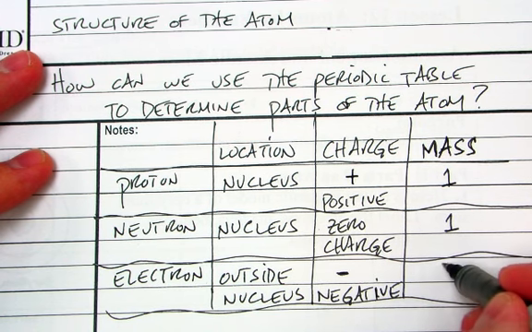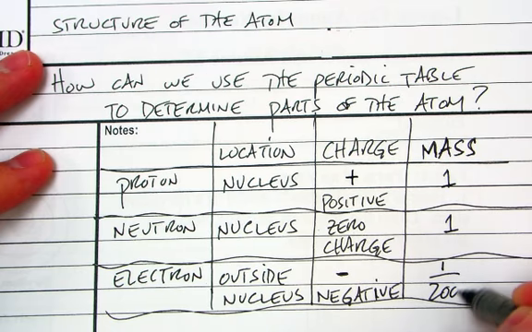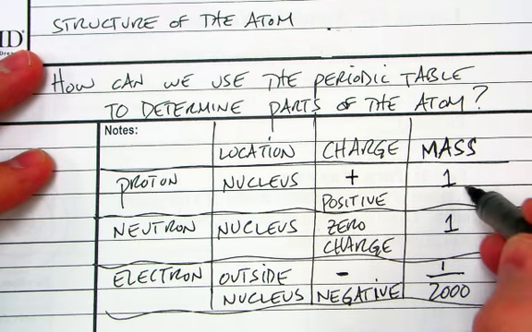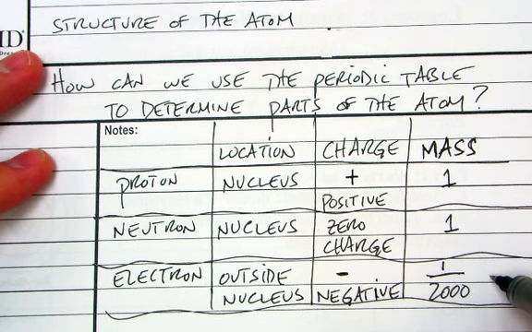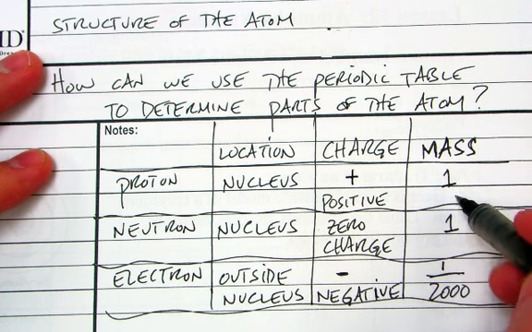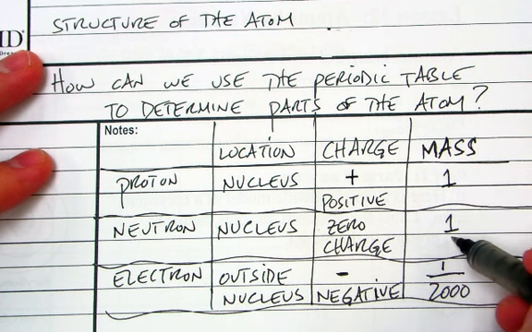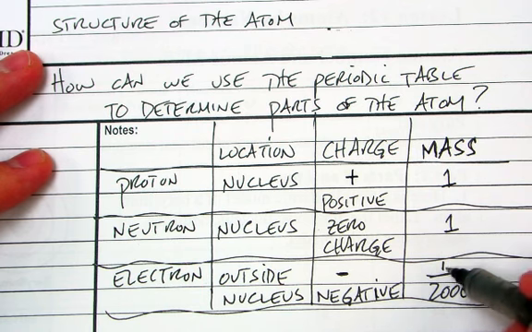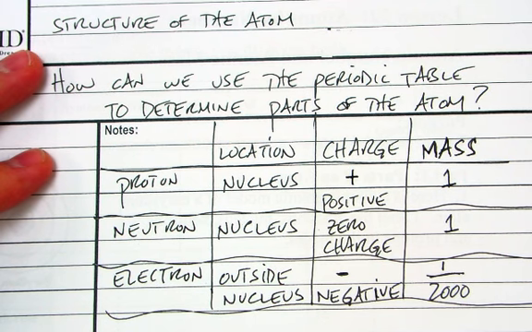They have a mass of about 1/2000th the mass of a neutron or a proton. These are all relative amounts. They actually describe them in a unit called atomic mass units. But for our purposes, know that the mass of a proton and neutron are the same, and electrons have a very small, almost zero mass. So that's important to know about the protons, neutrons, and electrons, some different properties about them.